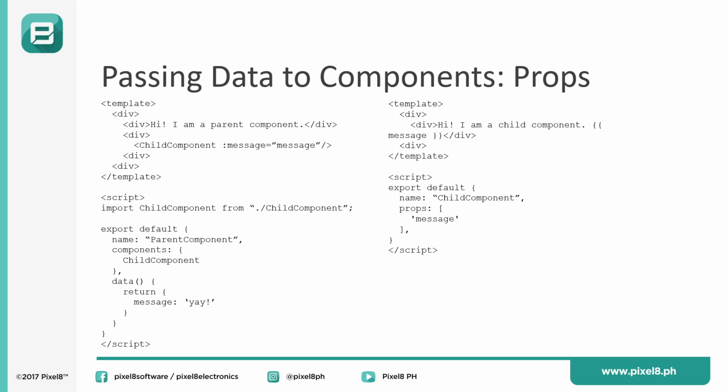Next, we go to our child component. As you can see, a message is rendered to our child component. Now, where does this message come from? It comes from this props element here. As you can see, it is an array which contains message. So what does this message mean? This message is basically this message in the child component rendered to the parent.